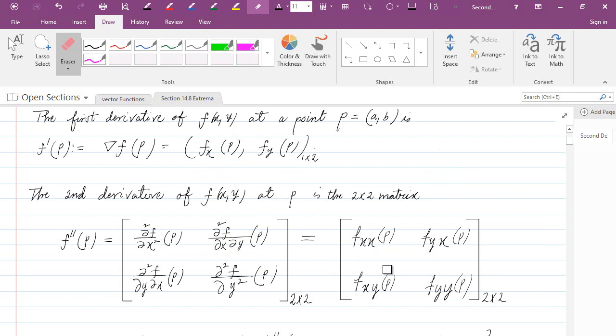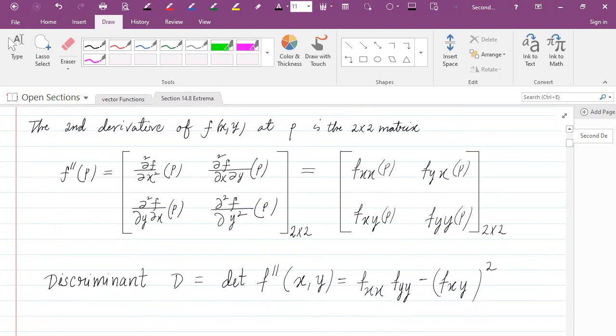Now in the second row, we are taking the derivative of the gradient with respect to y. So if I take the derivative of fx with respect to y, I get fxy. If I take the derivative of fy with respect to y, I get fyy. So you can think of the first row as the derivative of the gradient with respect to x, and the second row as the derivative of the gradient with respect to y.